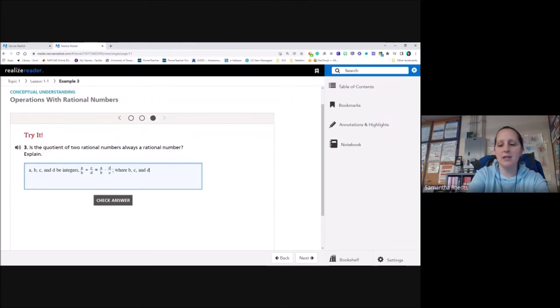where A, B, C, and D are not equal to 0. So this gives me AD over BC, where B times C does not equal 0.